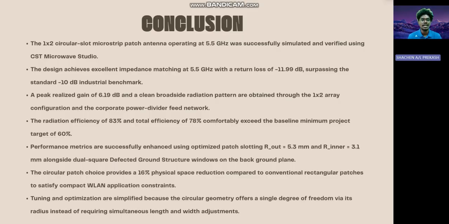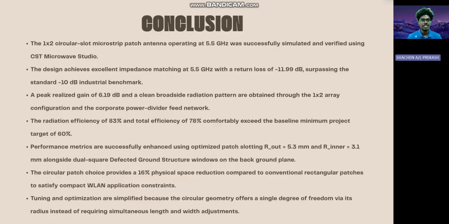Performance metrics are successfully enhanced using optimized patch slotting, R outer equals 5.3 millimeter and R inner equals 3.1 millimeter, alongside dual square defected ground structure windows on the background plane.